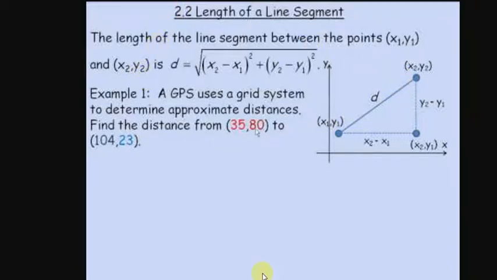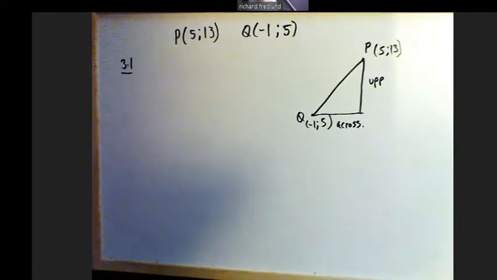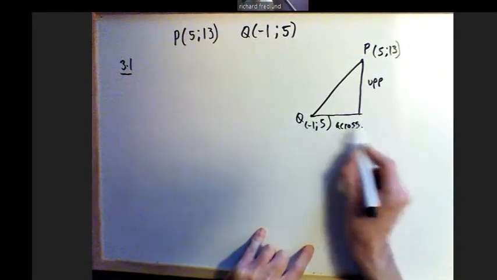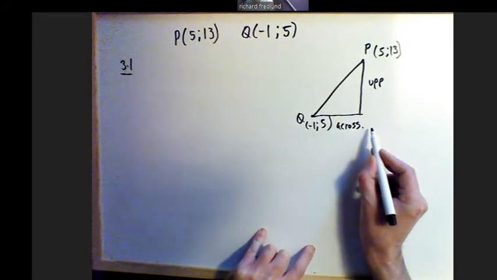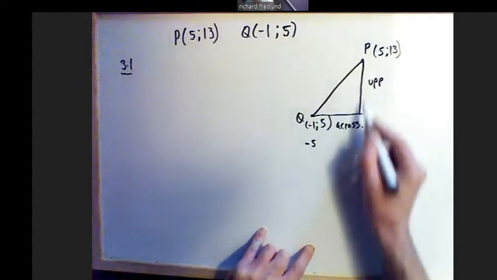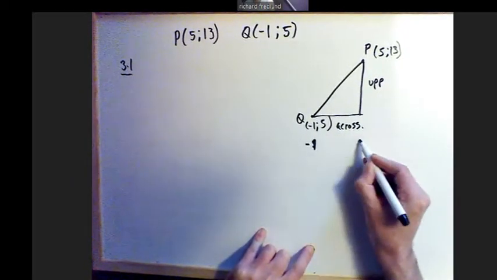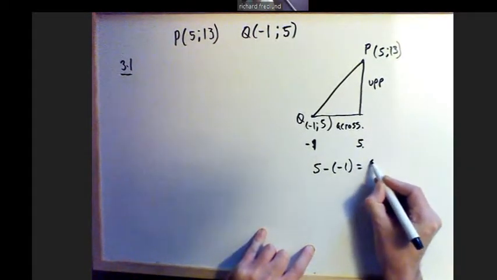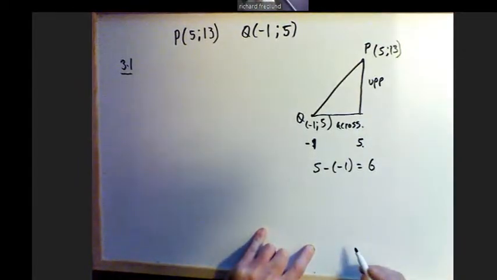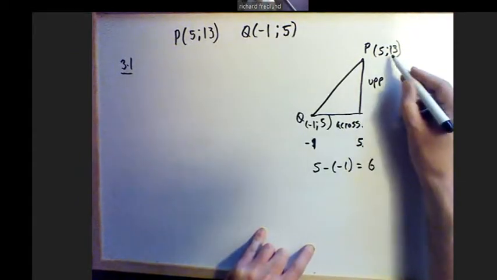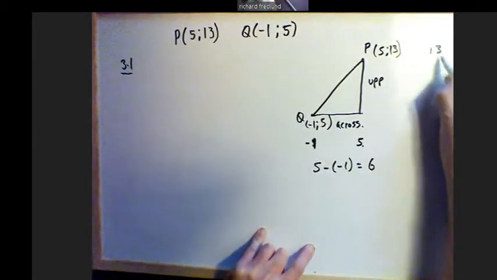So let's have a look and see what are the lengths of the two shorter sides. Going across this way, we go from -1 at Q to 5. So this is 5 minus -1, which is going to be 6. I'm going to go 6 across, and going up, we're going to go from 13 to 5.